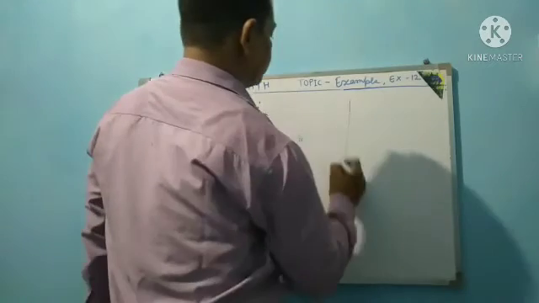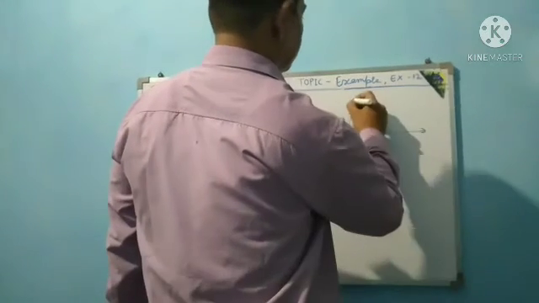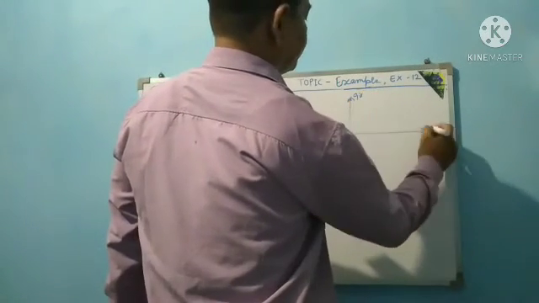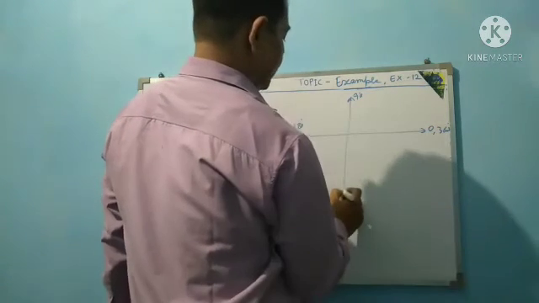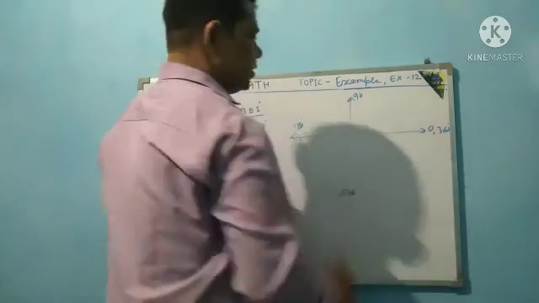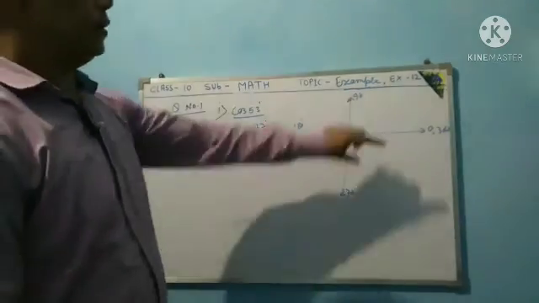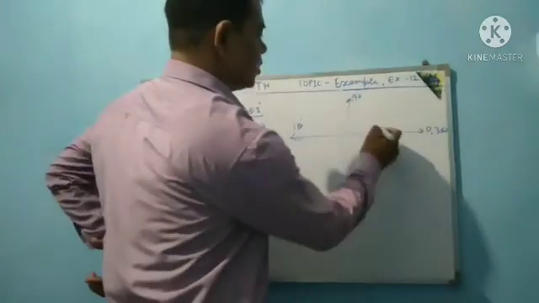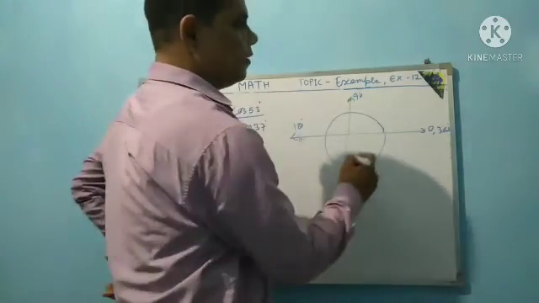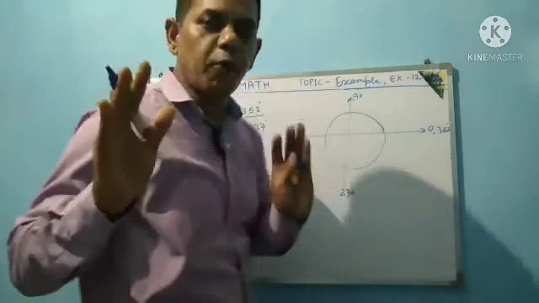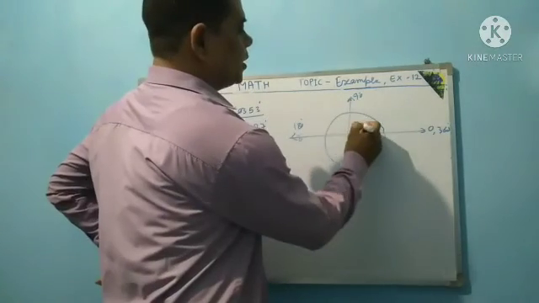That is 90 degree, 0, 360, 180 and 270 degree. You know that one circle rotation is 360 degree, which means if you divide it into 4 parts, each comes to 90 degree.